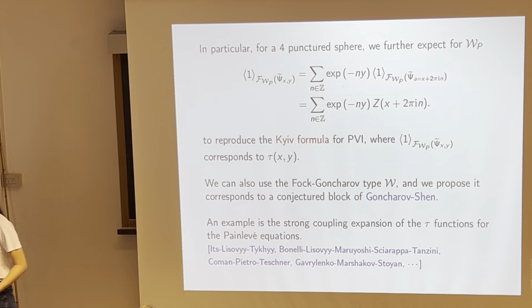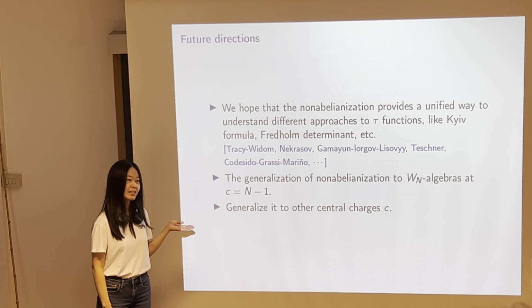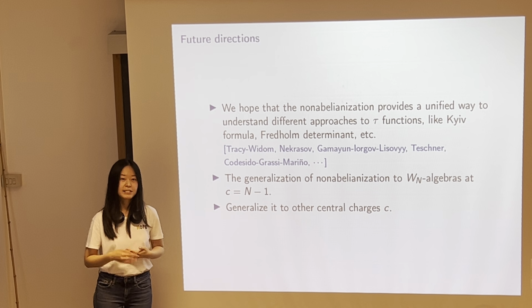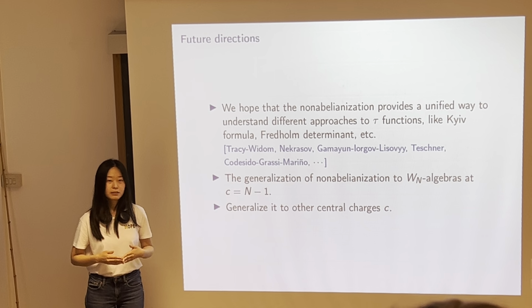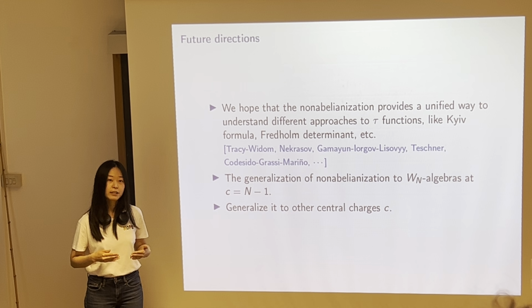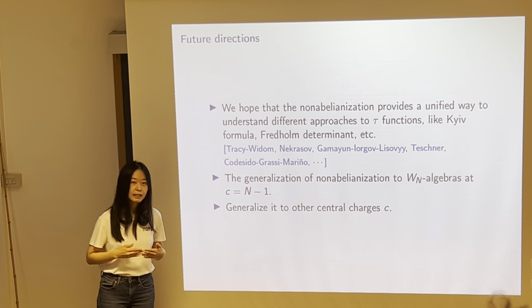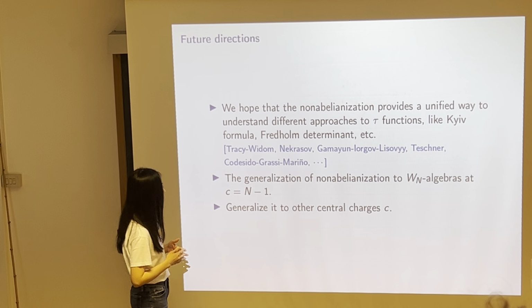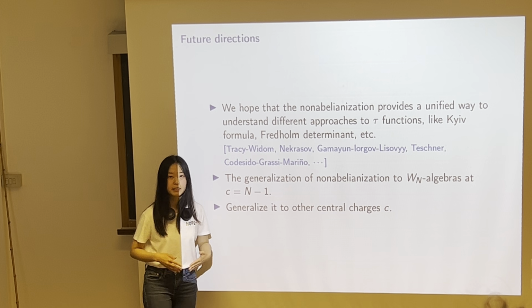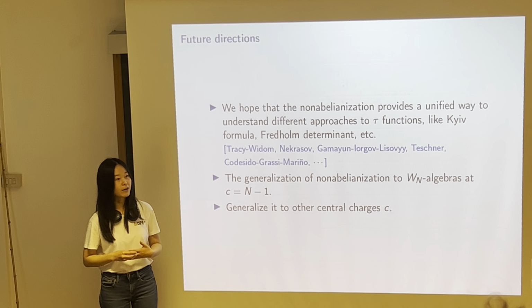And a very important point, which I don't have time to mention in this talk, is that our non-Abelianization construction is actually providing a new formula for the Virasoro blocks as a Fredholm determinant.